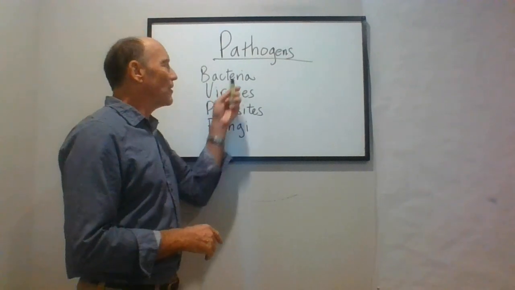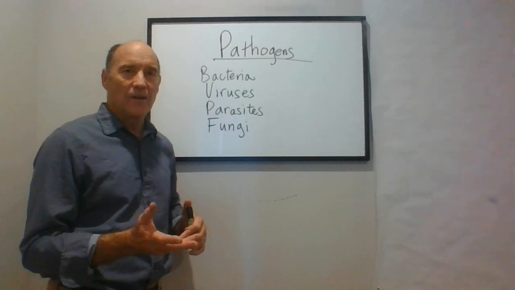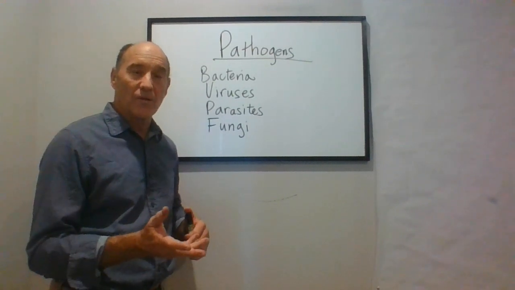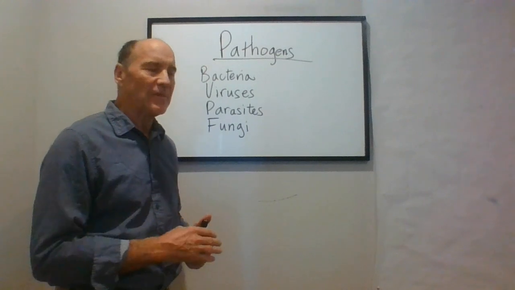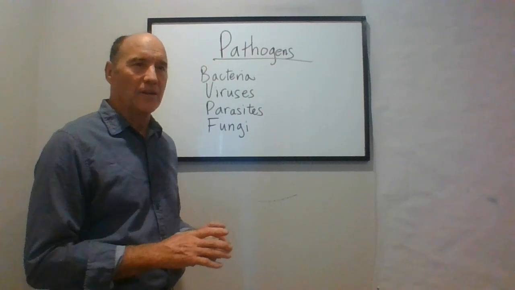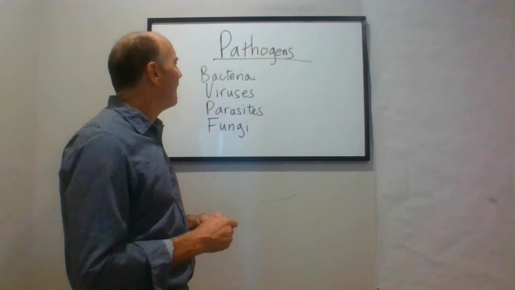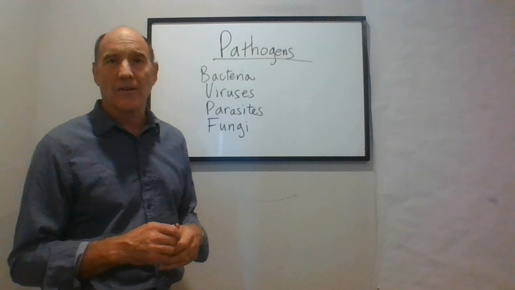Bacteria would be things like tuberculosis, TB is a bacteria, strep throat is a bacteria, staph is a bacteria, like a skin infection. Those are bacterias. Pneumonia can be bacterial.